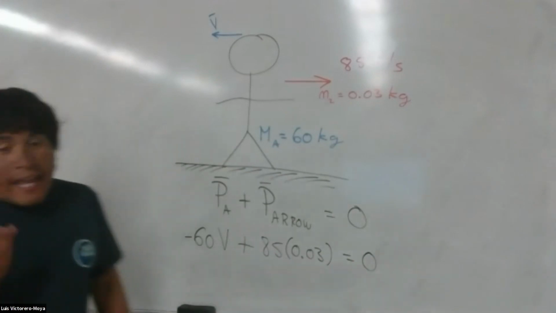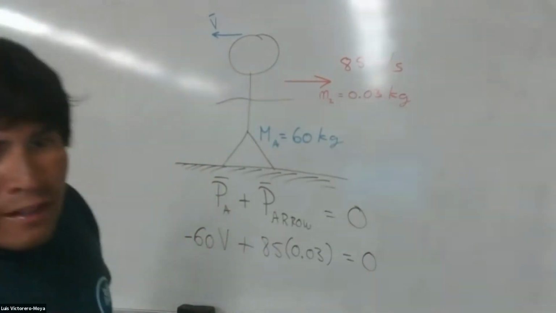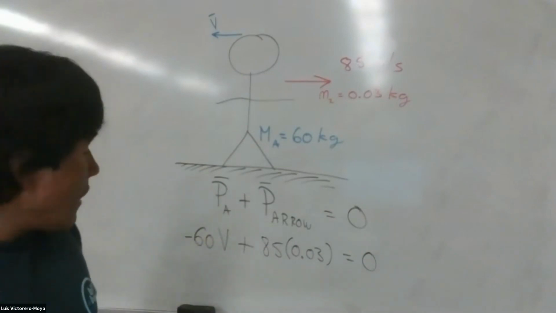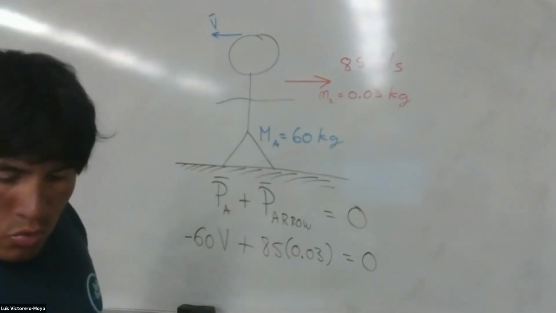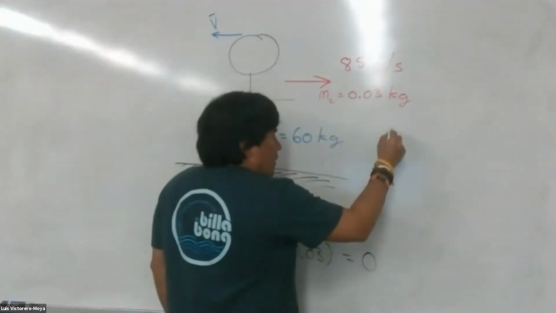Later, you will learn that a very easy way to do this as well is by saying that the momentum of the archer is equal to the momentum of the arrow, since you only have two objects interacting.